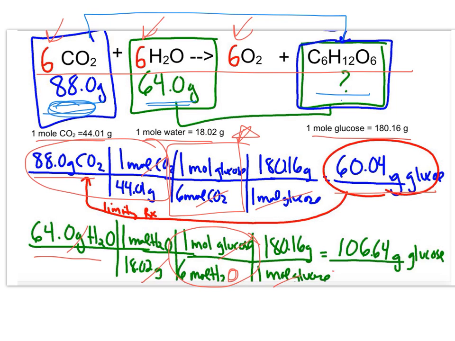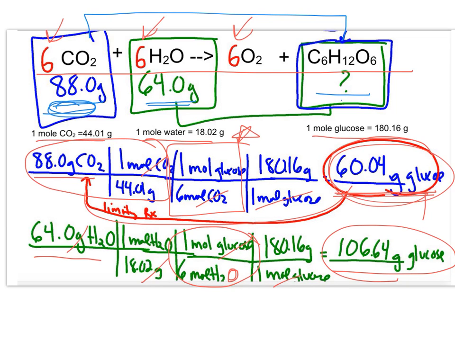And so when I compare 106.64 grams of glucose with 60.04 grams of glucose, this is the lesser amount. Therefore, that means that my limiting reactant is carbon dioxide, and I am going to produce this much. So that means my excess reactant is water.